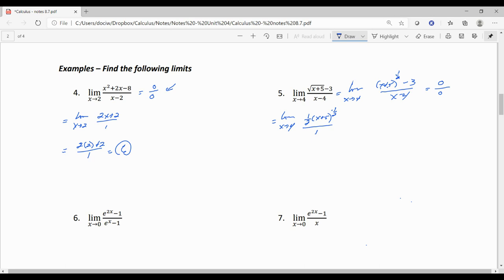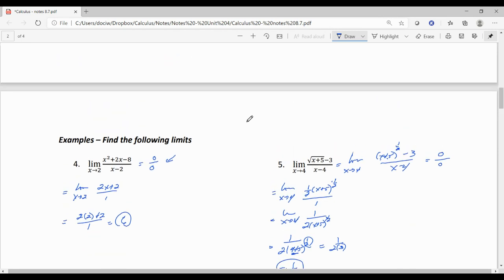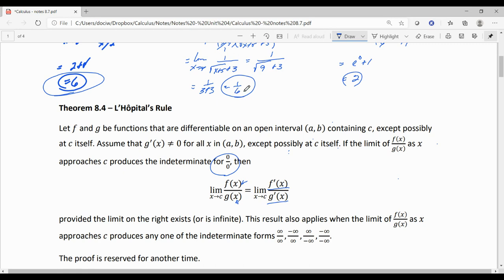Okay? And so we have now the limit as x approaches 4. I'm going to go ahead and write this as 1 over 2 times x plus 5 to the 1/2. So it's 1 over 2 times 4 plus 5 to the 1/2. 4 plus 5 is 9. The square root of 9 is 3. So we have 1 over 2 times 3, or 1/6. And again, notice that that is the same as the limit we would have gotten before.